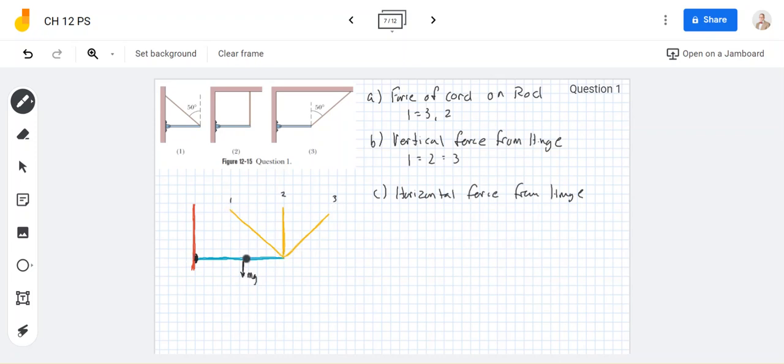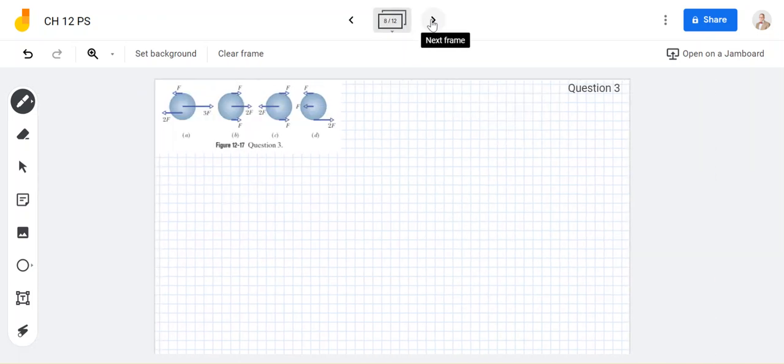Since this one pulls up and out, the hinge would actually have to pull in. So I would say 1 is equal to 3 on this one, and then 2. But what's funny is 2 actually doesn't have to supply any horizontal force at all. Let's look at the next one.